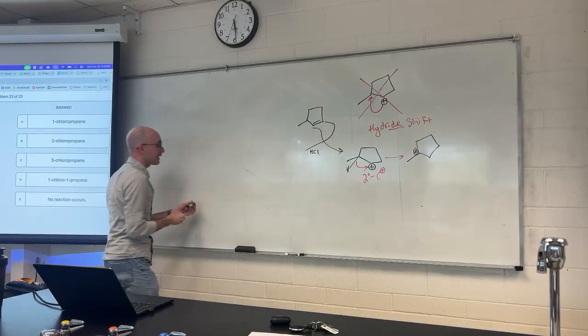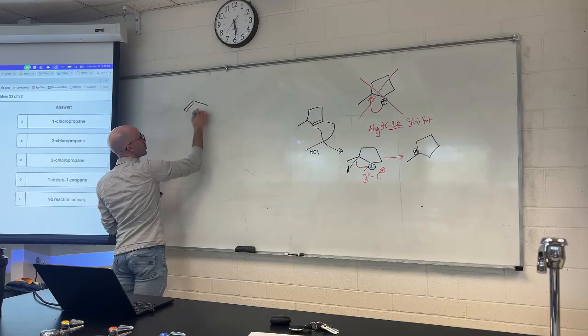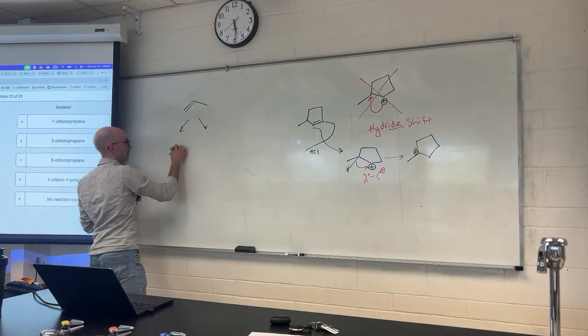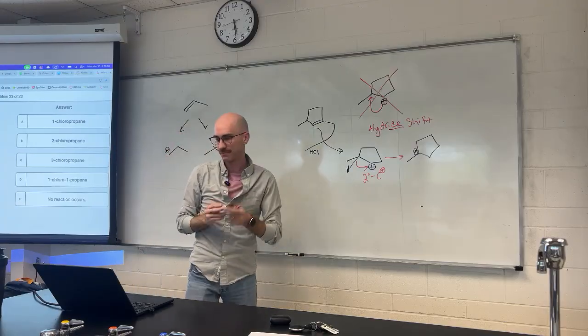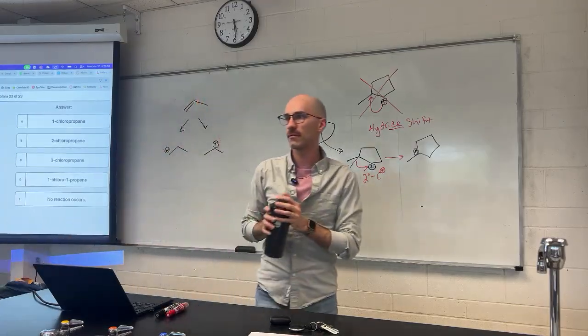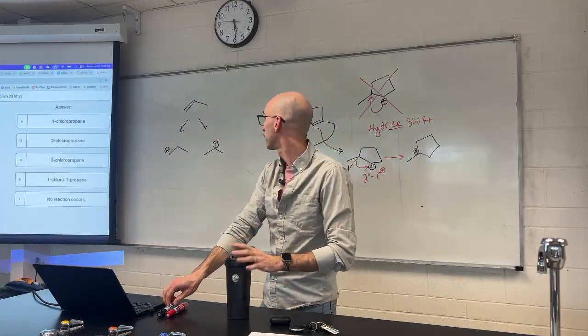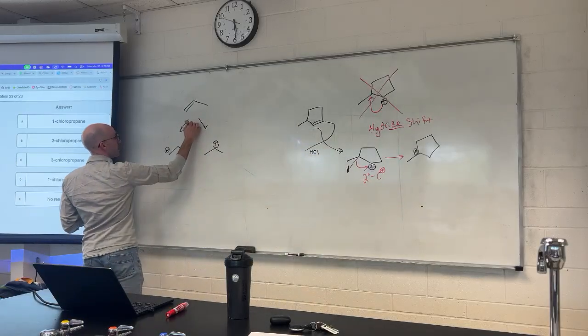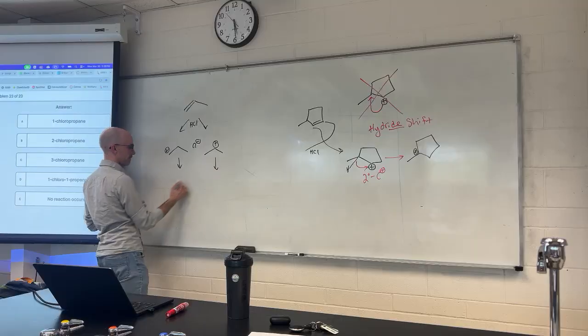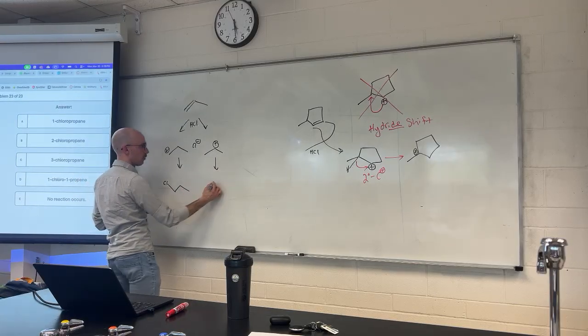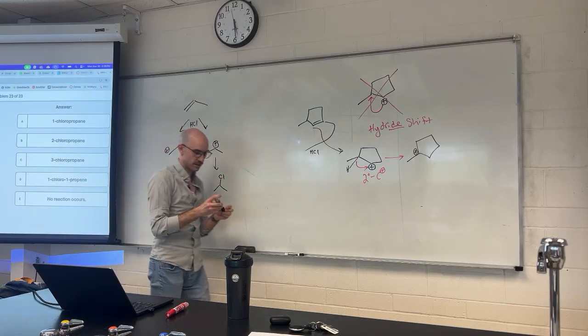If propene can form 2 carbocations, why doesn't it? If I can react propene with HCl, why can't I get both of these products?